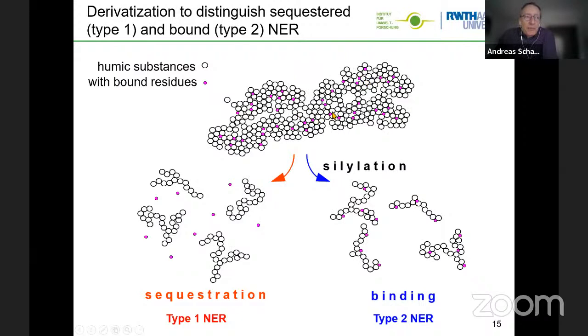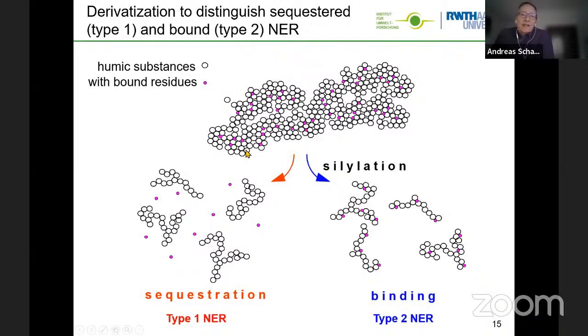By this method, exchangeable protons or functional groups like carboxylic groups, OH groups, and NH2 groups are replaced by organic residues of the silylation reagent. This means that hydrogen bondings are cleaved and the molecules are not able to form hydrogen bridges.